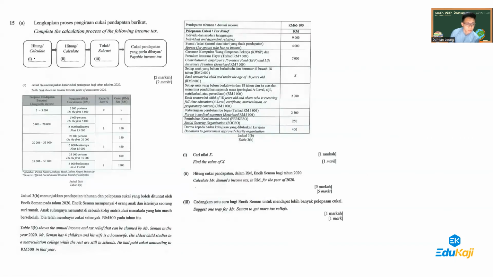A1 here, basically I want to calculate, first thing you always calculate the chargeable income. After you calculate the chargeable income, then we calculate the amount of income tax that needs to be paid. Then I minus out any rebates.